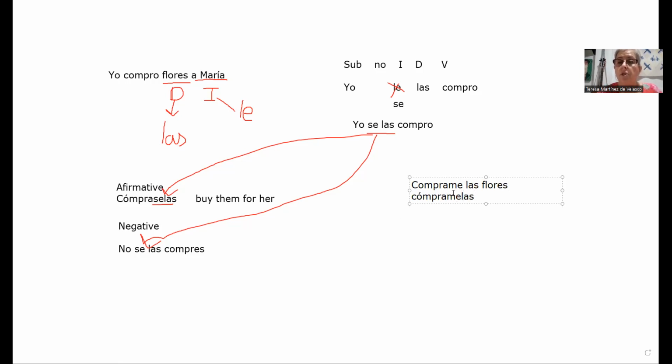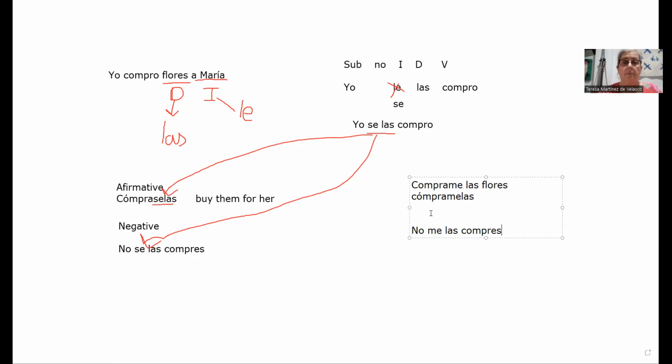Here we don't have to change any pronouns because they are not two L's, right? So the same we were doing for affirmative sentences or negative sentences. So negative then is going to be no me las compres, right?